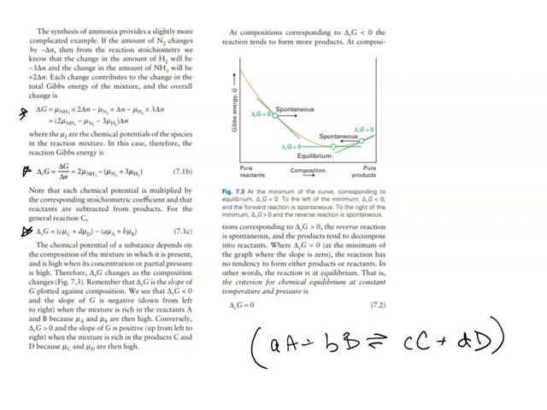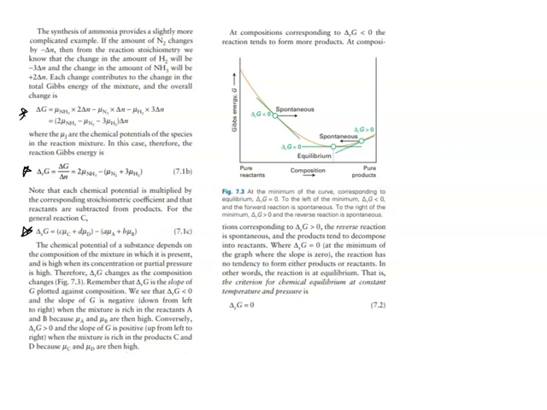Delta GR equals 0. So let's take a look at figure 7.3 here. On the y-axis, we have Gibbs free energy. On the x-axis, we have composition, starting with the far left, pure reactants, and on the far right, pure products.